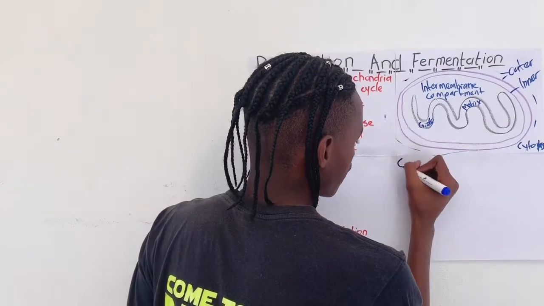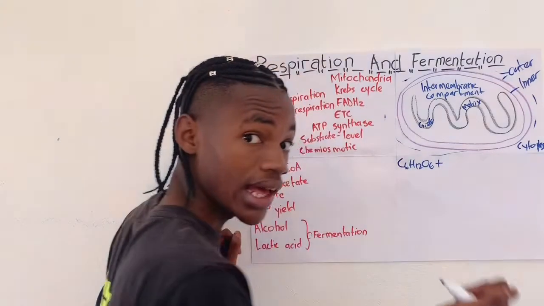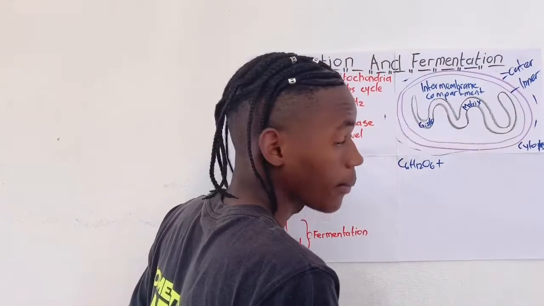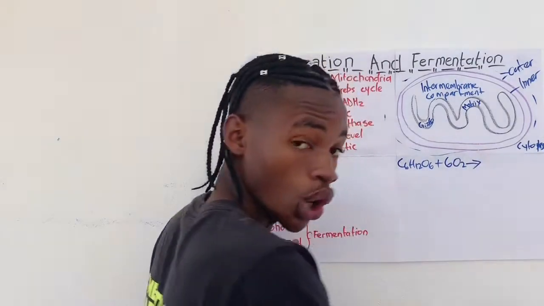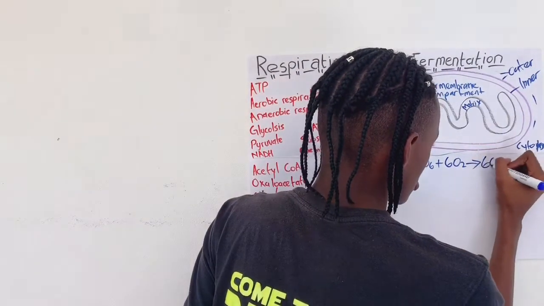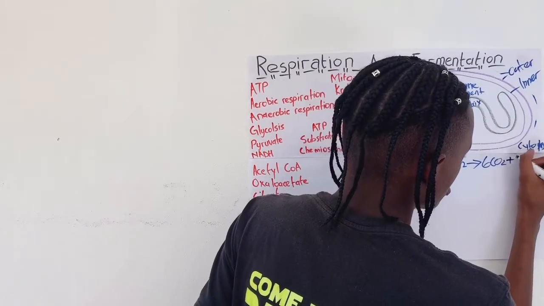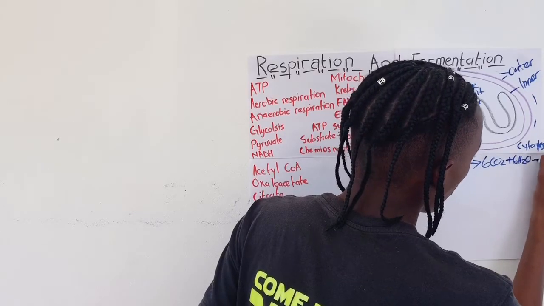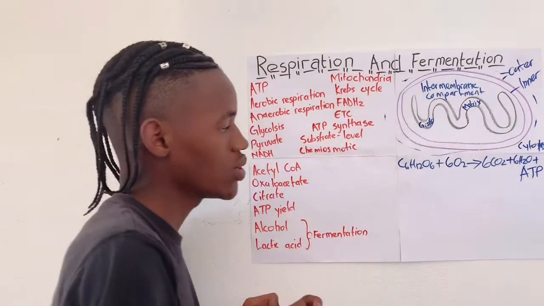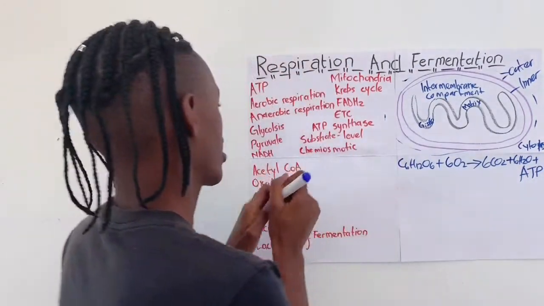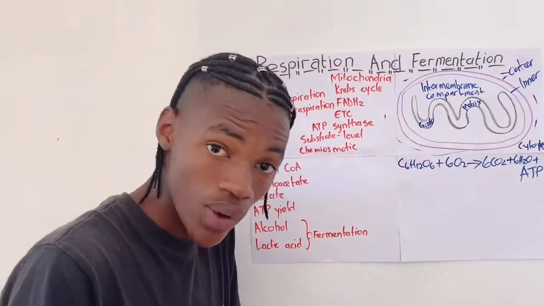So now we have C6H12O6 plus we will obviously use oxygen, 6O2. It is going to give us 6CO2 plus 6H2O plus ATP, right?